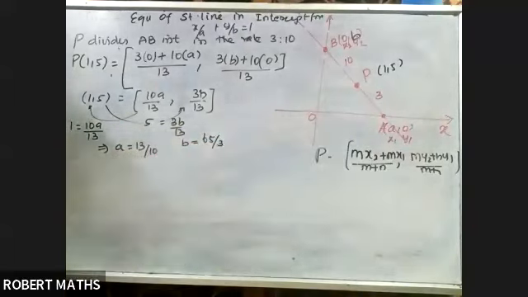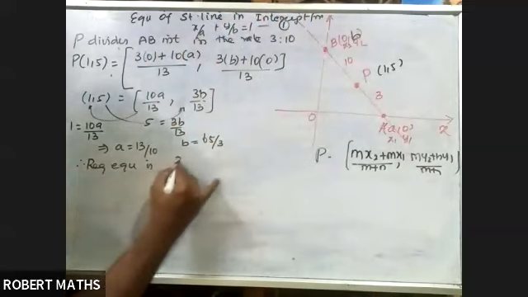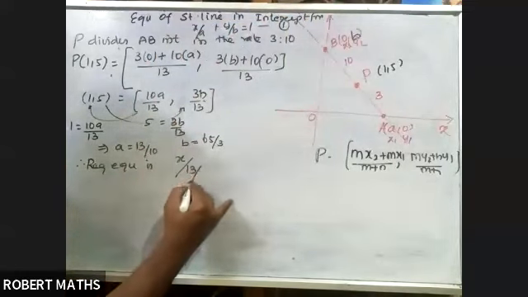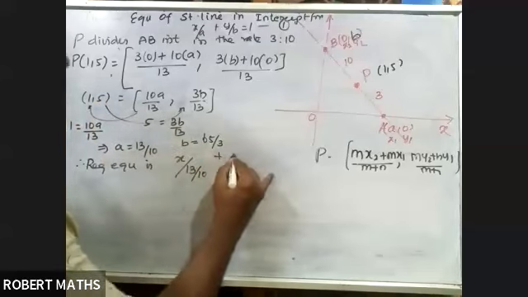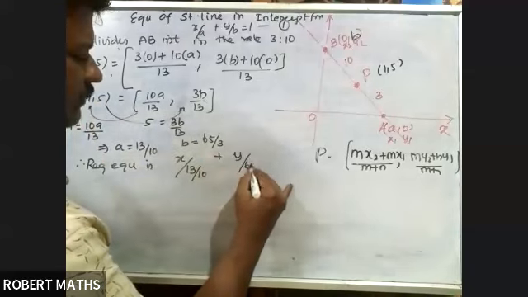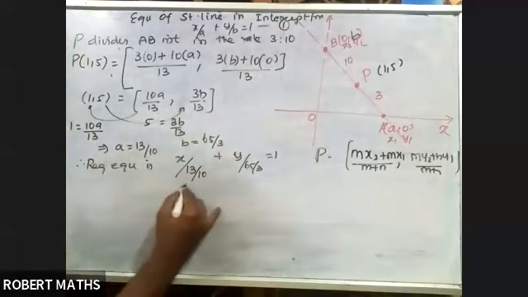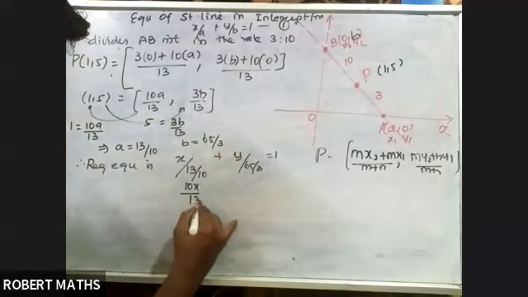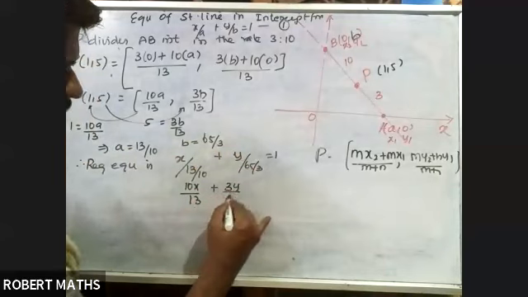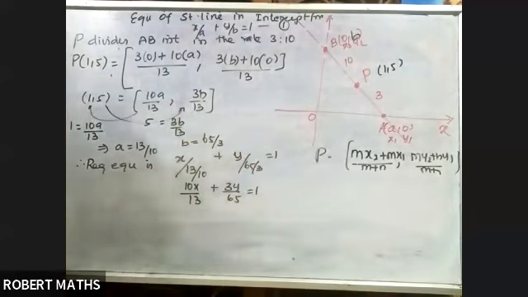Therefore, the required equation is x by a, that is x by 13 by 10, plus y by b, that is y by 65 by 3, which is equal to 1. Taking reciprocal, we get 10x divided by 13 plus 3y divided by 65 equals 1.